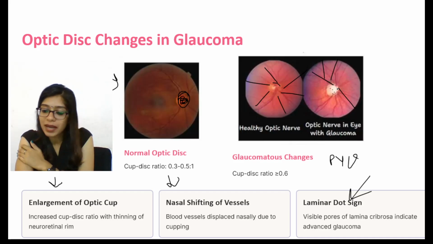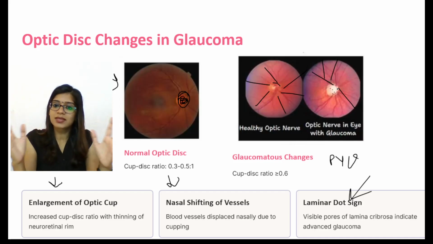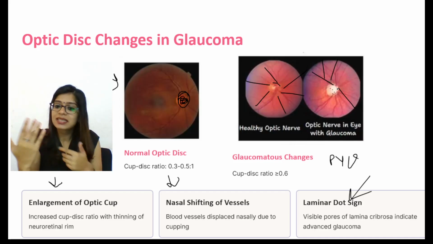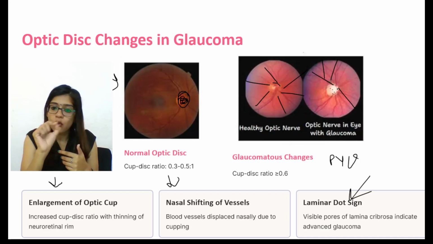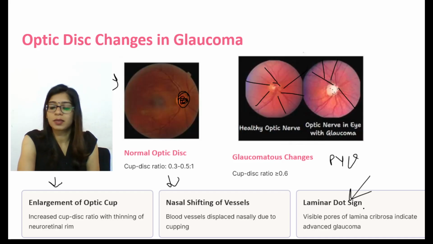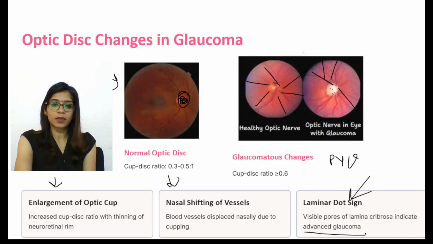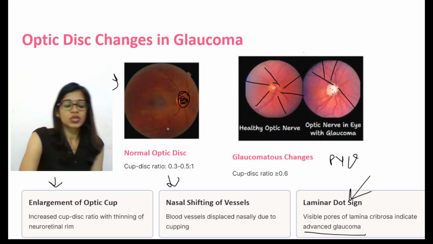That is nothing but the lamina cribrosa. Usually we cannot see it, but here as the cup increases, it becomes thin. You can see the pores or dot-like structures. That is what I call the laminar dot sign. It indicates advanced glaucoma.